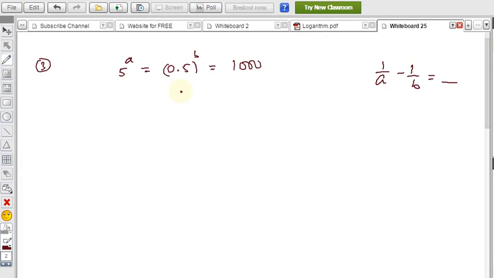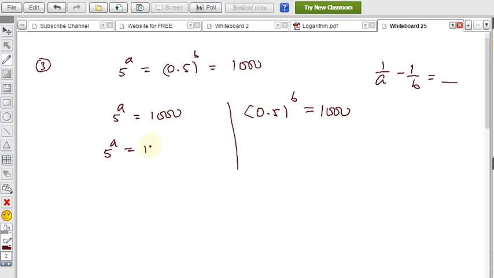So first, the a value and b value we will find out separately. So 5 to the power a is equals to 1000, 0.5 to the power b is equals to 1000. So 5 to the power a is equals to 1000, I can write 10 to the power 3.